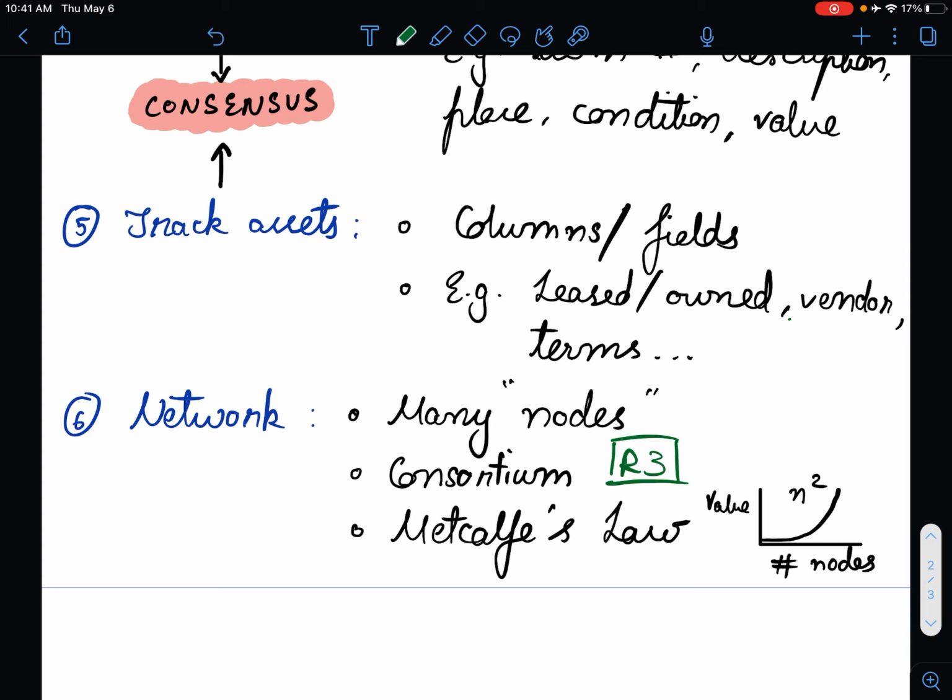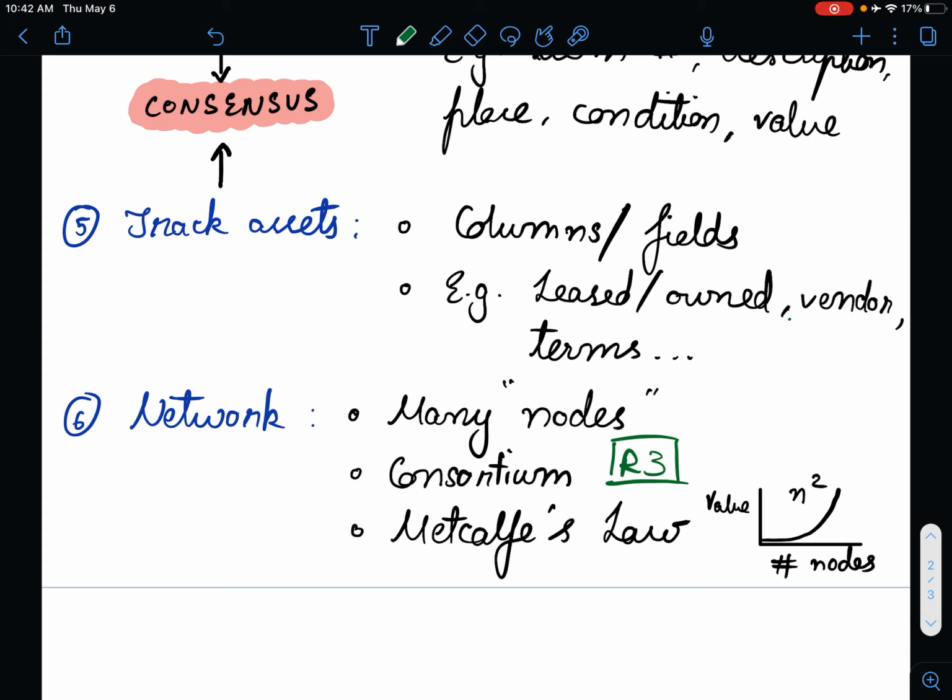Each of those participants or each of those computers that accesses the blockchain is referred to as a node. In the enterprise space, there is something called a consortium, which is a network of companies that get together and agree to share data or update a blockchain-based database in a predetermined way.